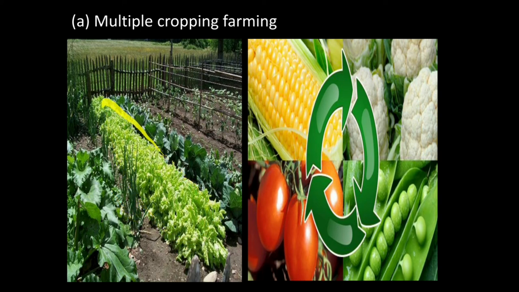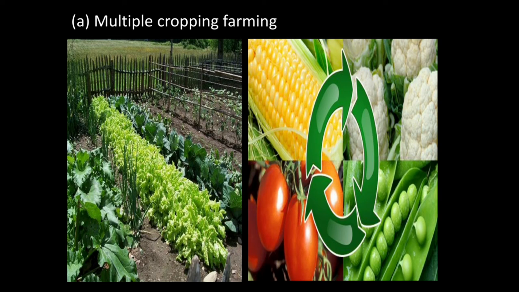So in multiple cropping, you use the same patch of land at a particular point of time for producing multiple crops. And by practicing multiple cropping, the farmer can produce more from a fixed patch of land.